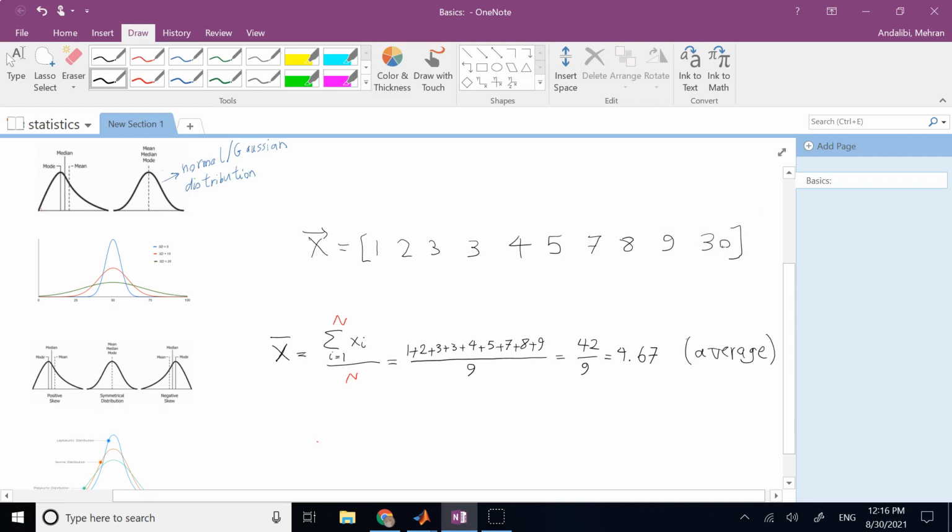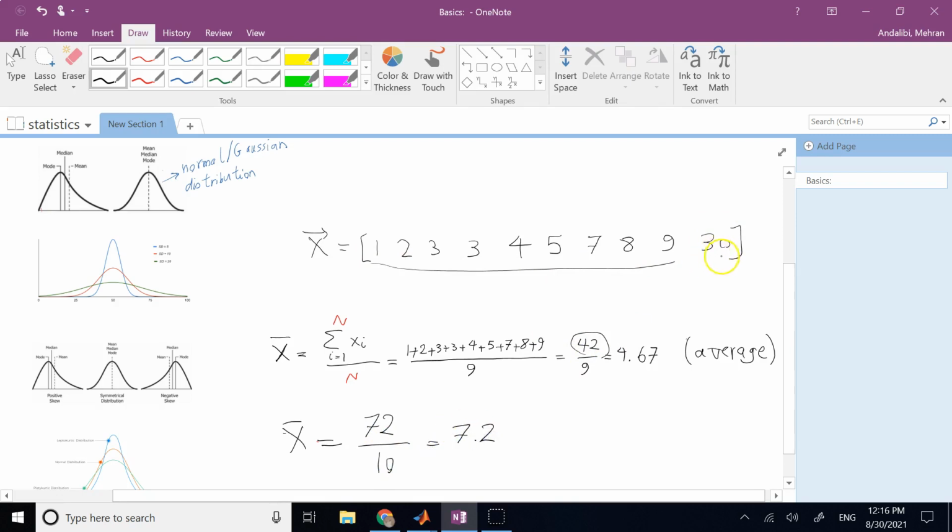Okay, so here my new x bar is going to be the sum of all these numbers divided by, now I have 10 numbers. Whatever I had earlier, which is the sum of all of this, I now have to add a 30 to it, so it's going to be 72. And this 9 becomes 10. So now look at your average. It's going to be 7.2.